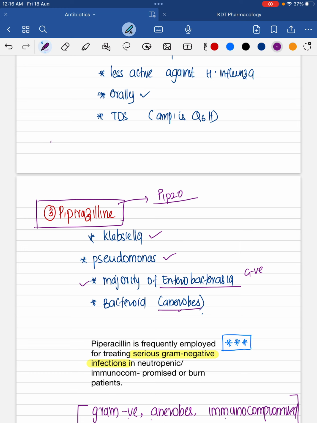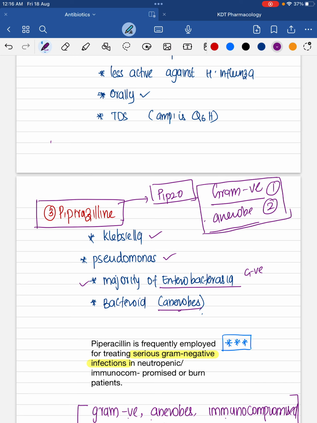So the Pipzo main coverage is gram negative, number 1, anaerobes number 2. Do you notice one thing? This is a gram negative antibiotic. Pipzo is a gram negative antibiotic. Please keep it in mind.